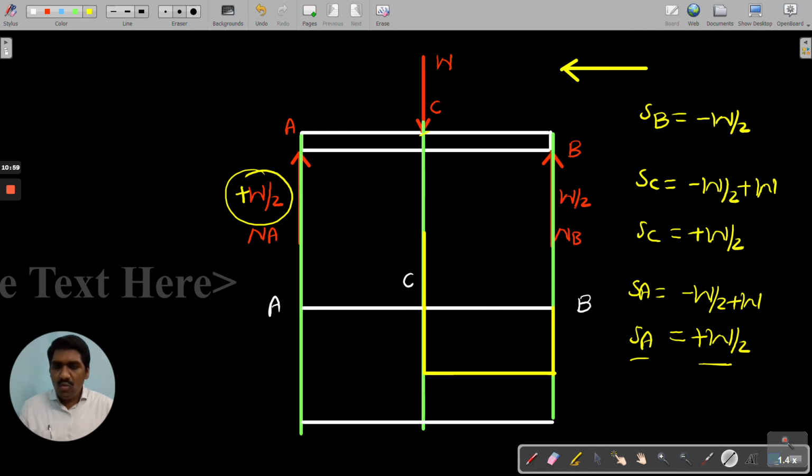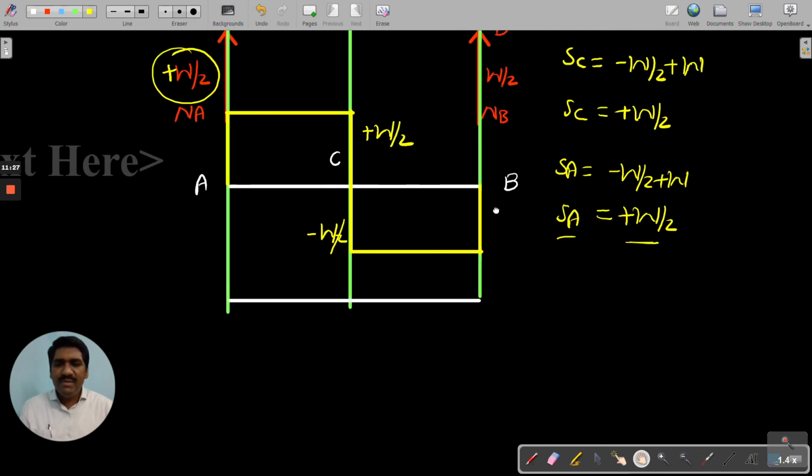And next, tell me all of you, from point C to point A, there is no loading at all. It remains constant. No change in that picture. Are you following what I am trying to say? This becomes the shear force diagram.